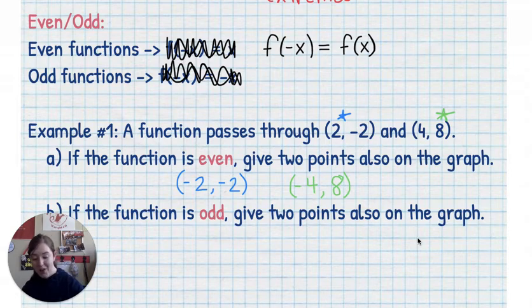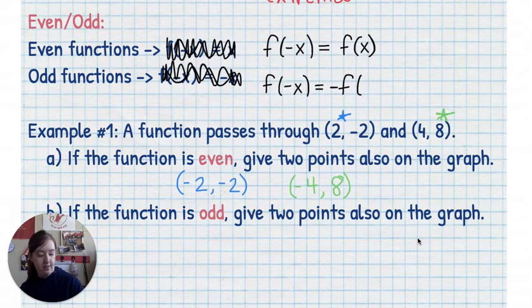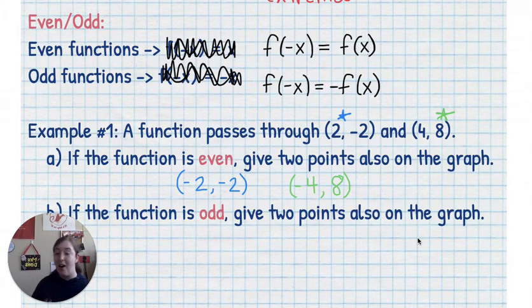All right, with odd functions, we knew that when we plugged in the opposite of x, we got the opposite of the function, right? So now when I plug in the opposite of x, I'll get the opposite of y.